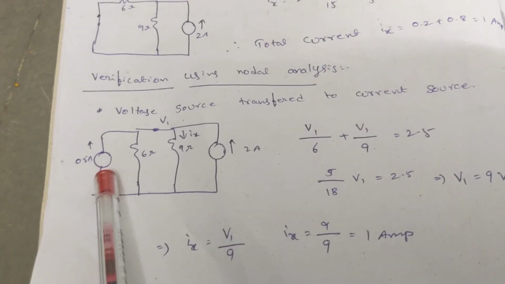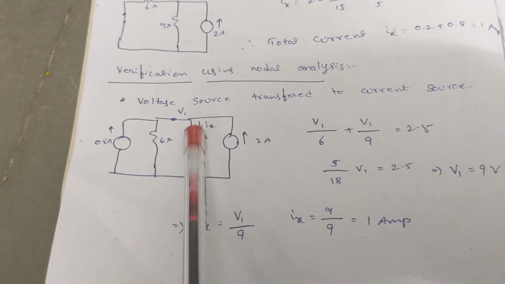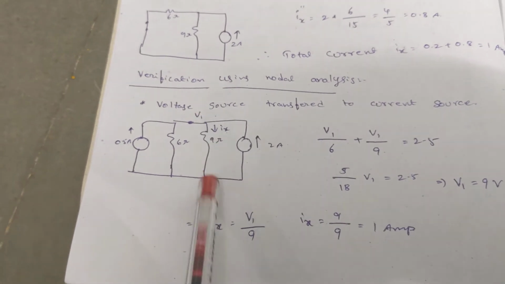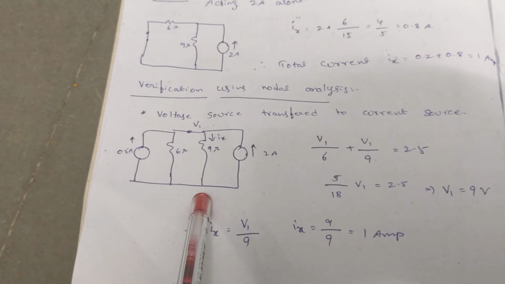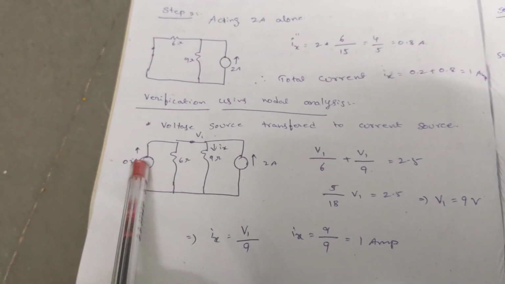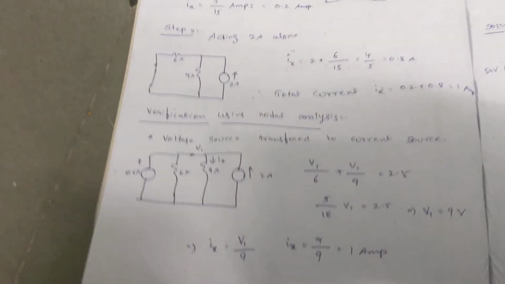So I am considering the current flowing through this resistor as away from the junction, and the current because of these sources as towards the node.